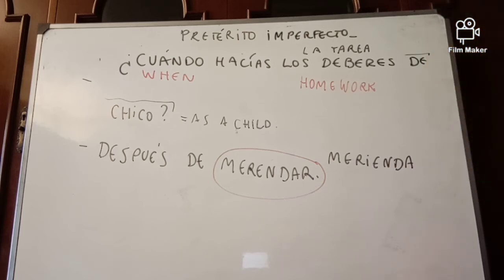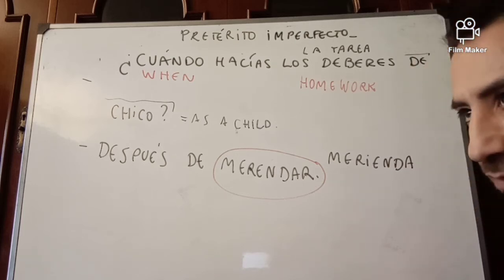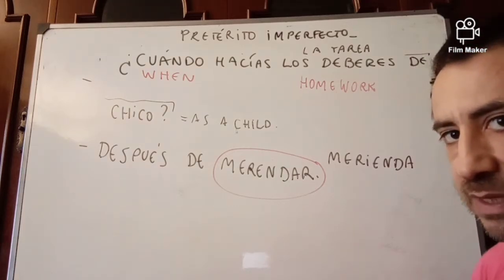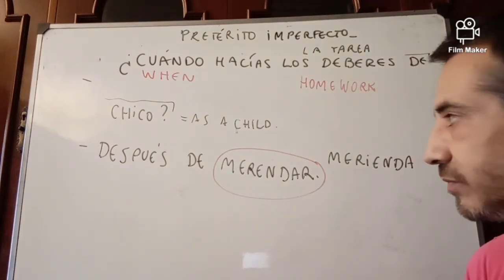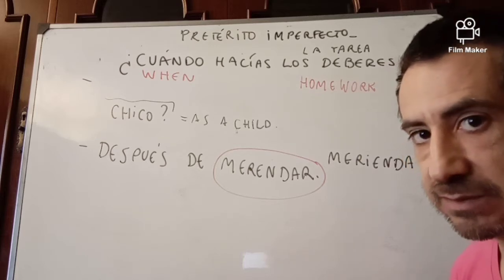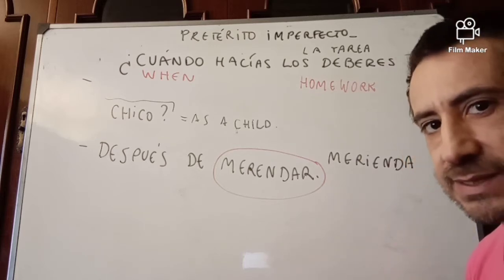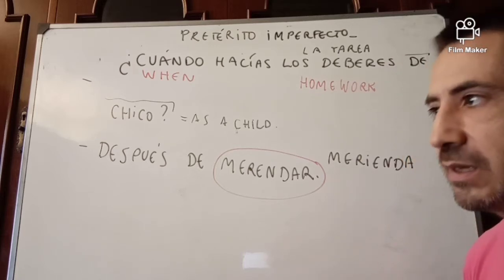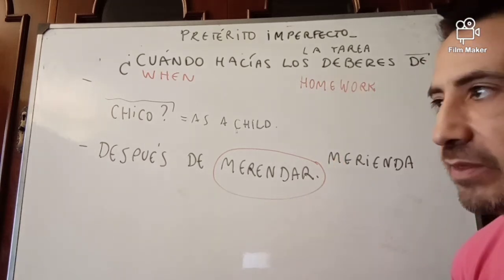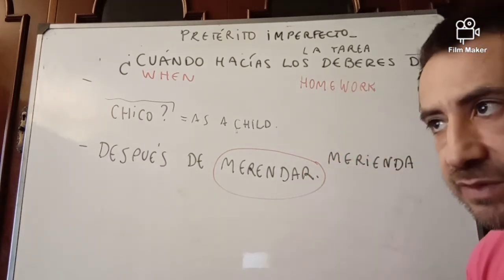It's an everyday life meal that we Argentinian people have. It's our third meal. We usually have 4 meals, most people. There are people who have only 1 meal a day, and there are people who have 6 or 7.